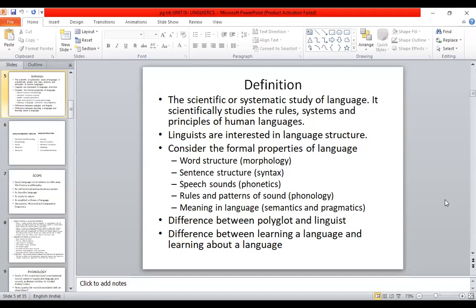Learning a language is, I know how to speak Hindi, Urdu, Tamil, Telugu, Malayalam, Kannada. I know how to speak them. So I've learned all these languages maybe, but learning about a language is linguistics. So what about that particular language? Okay, so that is very important.